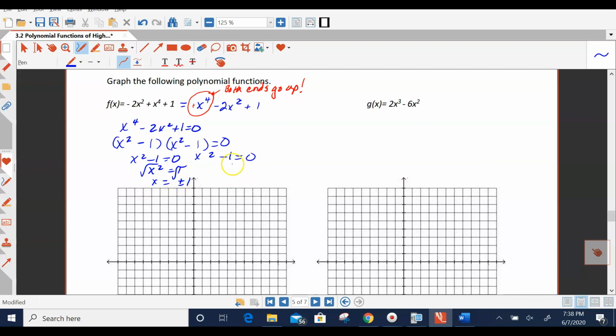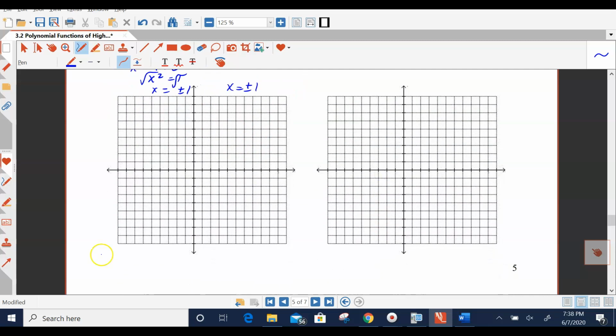And over here, if I solve this one, I would get x equal plus or minus 1. Notice the degree was 4, so I'm looking for 4 zeros, and I have 1, 2, 3, 4. The positive 1 occurs twice, and the negative 1 occurs twice. So x equal 1 occurs twice, and x equal negative 1 occurs twice.